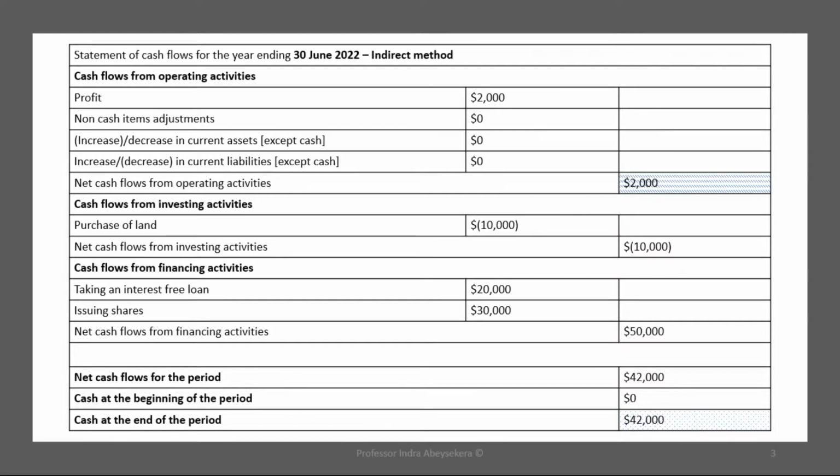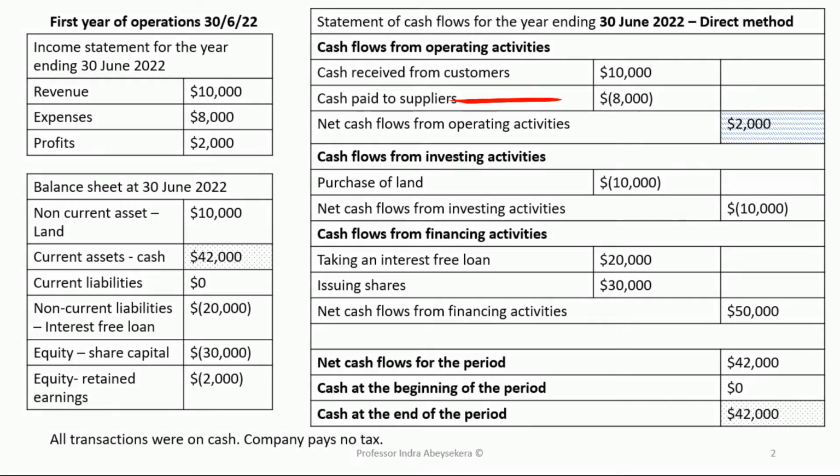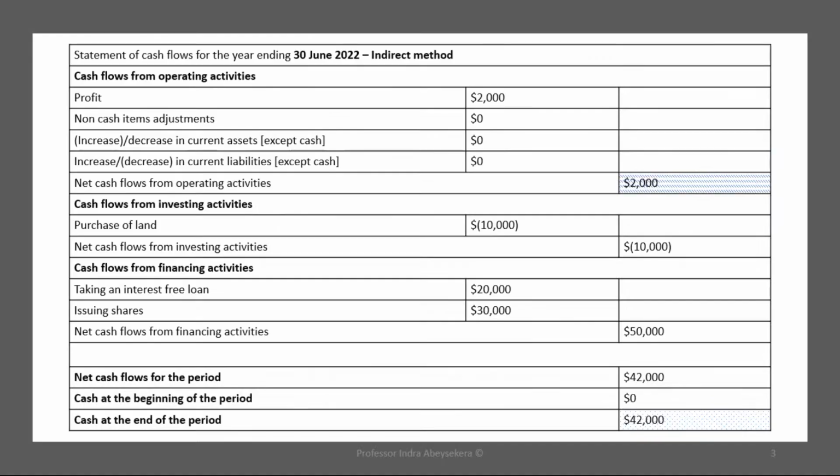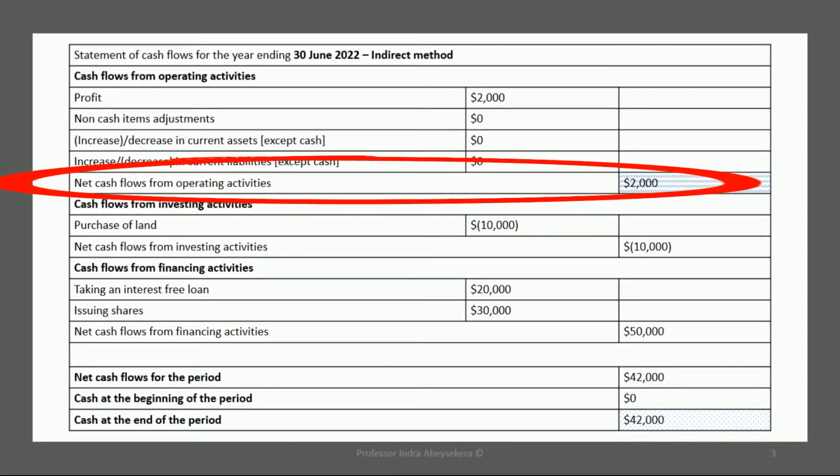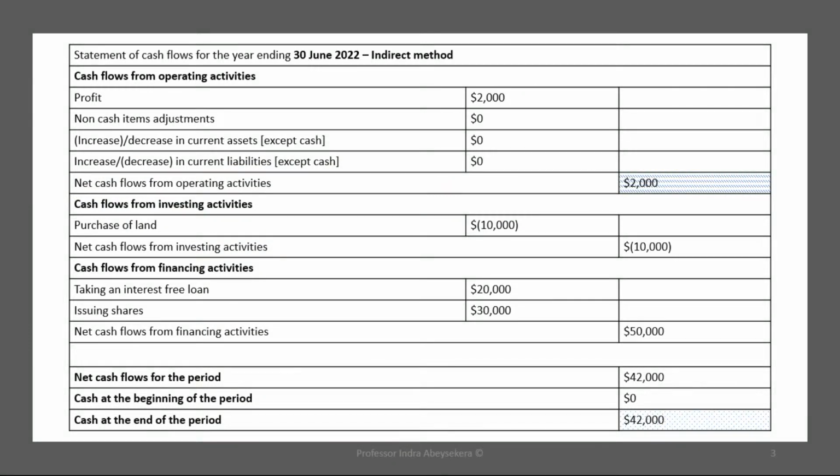So under the direct method, the cash flows from operating activities was 2,000, and under the indirect method, cash flows from operating activities is also 2,000. Cash flows from investing activities and financing activities are identical to the direct method. And the cash movement, net cash flows for the period, is 42,000.